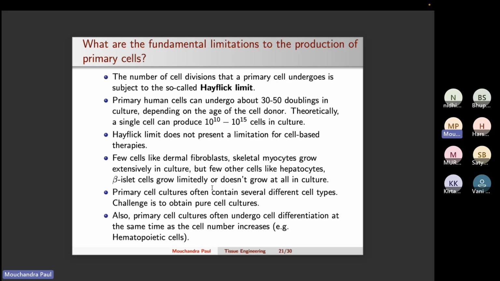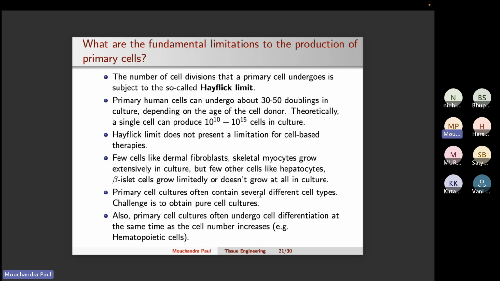Also, primary cell cultures often contain various cell types. So you know, right, in any tissue there will be one major cell type, like the fibroblast or keratinocytes, as I told, in the skin. But there are also other cell types like supporting cell types. Means there can be blood cells, there can be immune cells like macrophages, right?